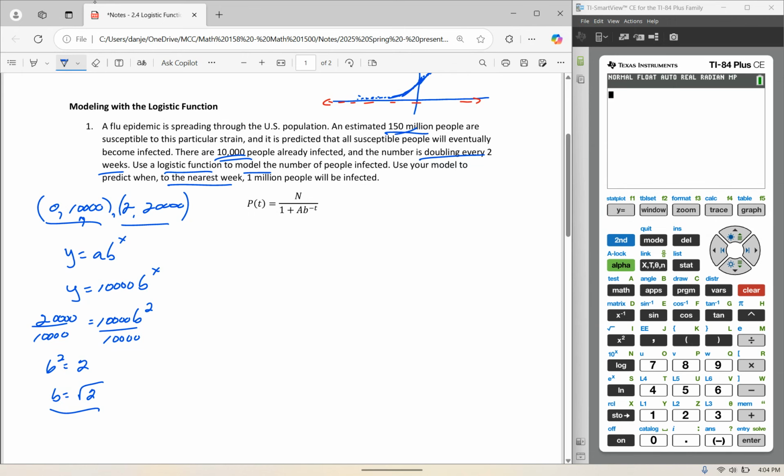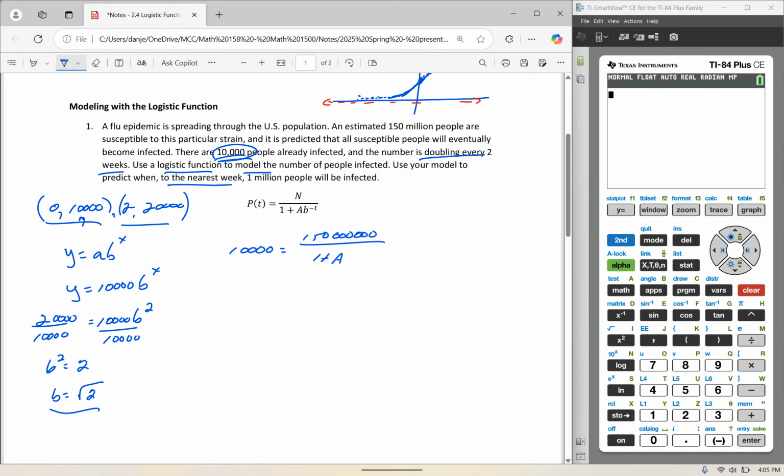We're told that initially 10,000 people are infected, and we expect a maximum of 150 million people to become infected.